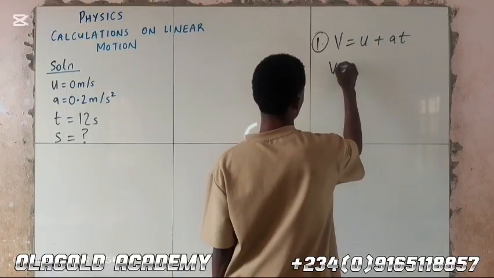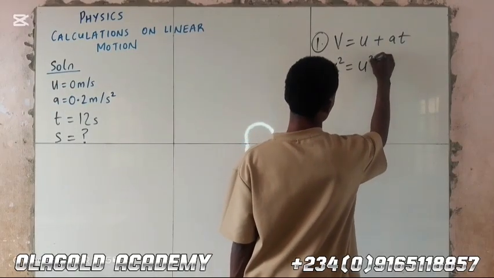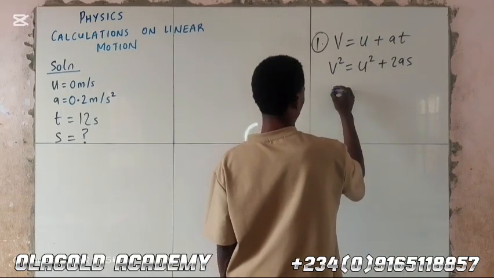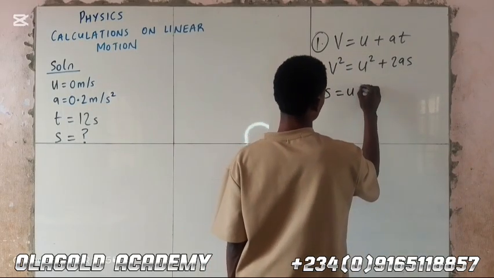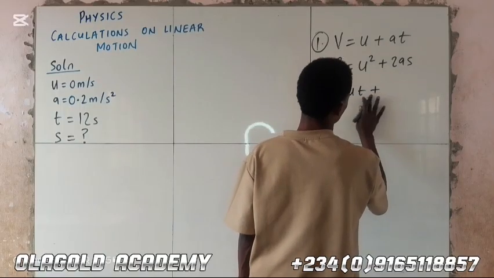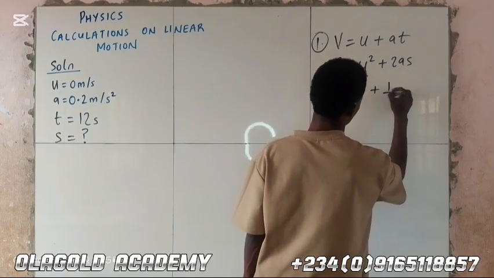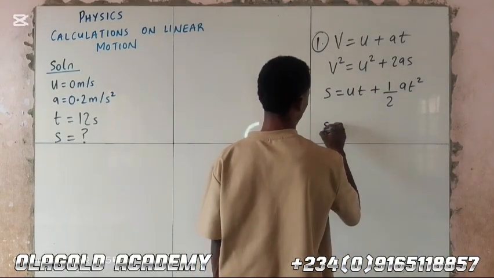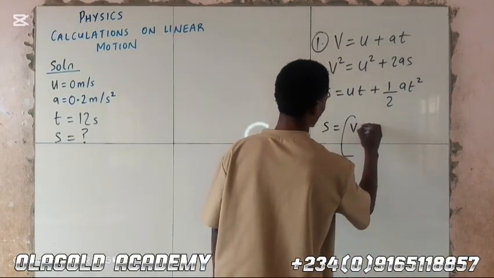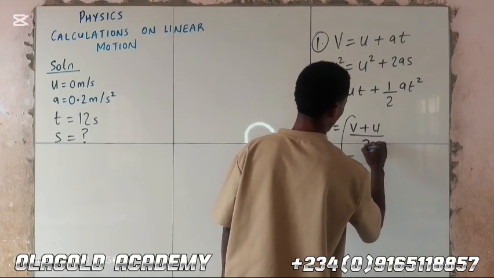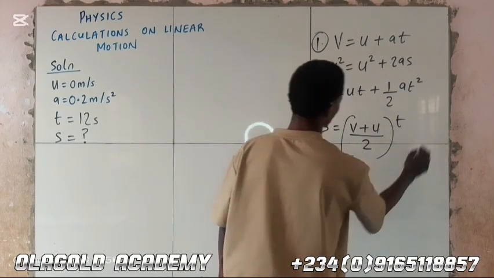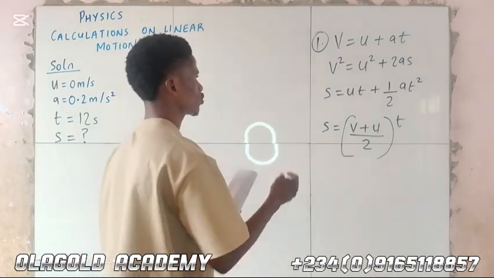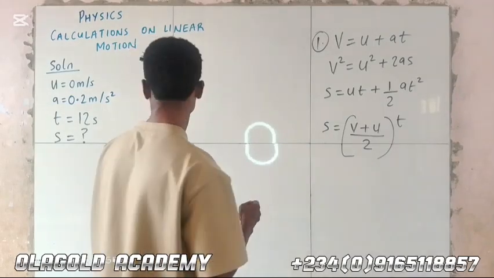The second one, we have V squared equal to U squared plus 2AS. The third one, S equal to UT plus half AT squared. And the fourth one, S equal to V plus U over 2 multiplied by T. We have these four equations for uniformly accelerated motion.